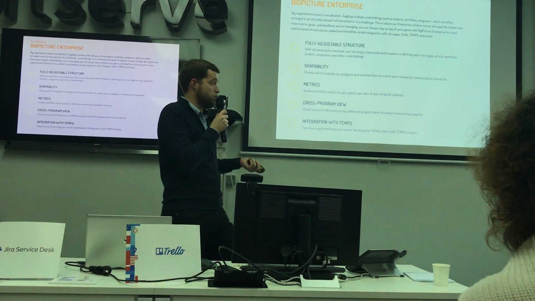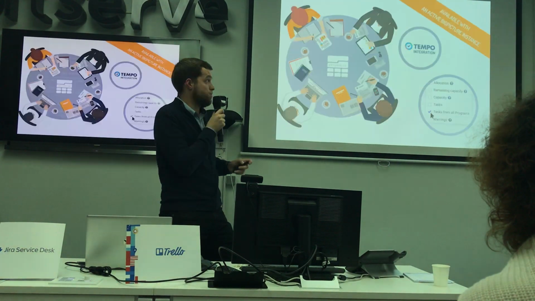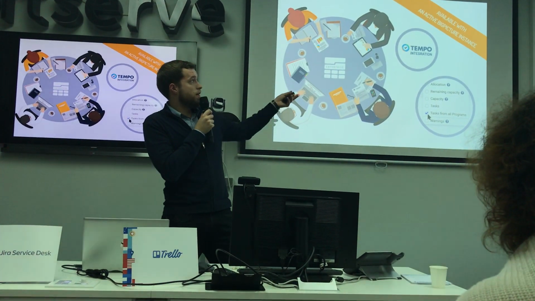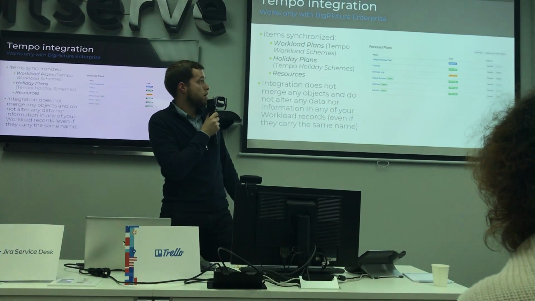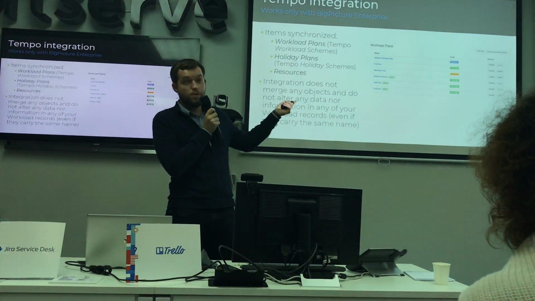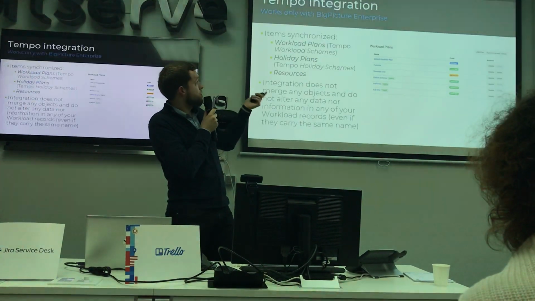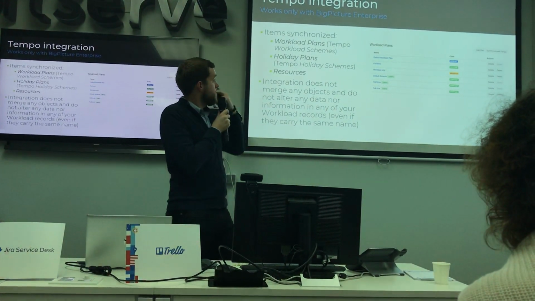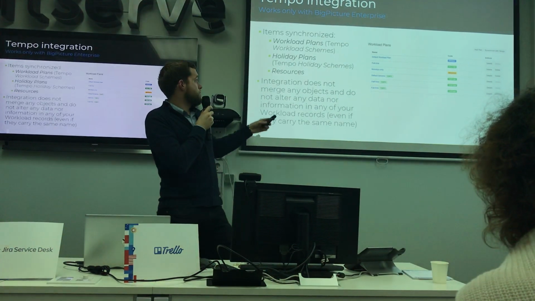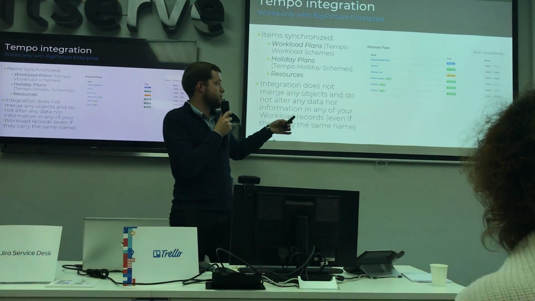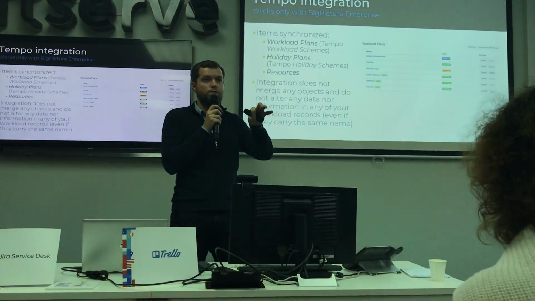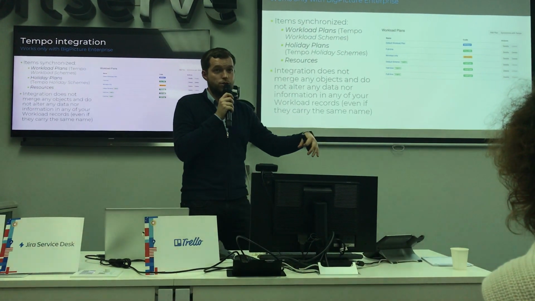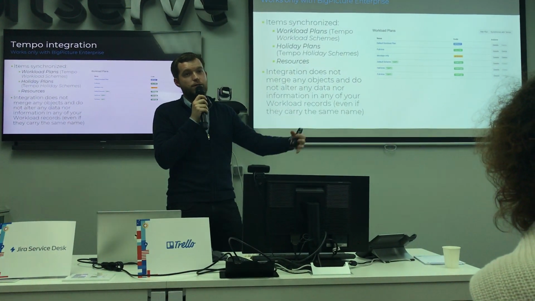Maybe it will be useful for your case especially. And as I said, it has a Tempo integration in terms of workload plans and in terms of teams, as I said previously. So it's not merging any objects. It's just taking information from Tempo to BigPicture so you can operate it as it is.